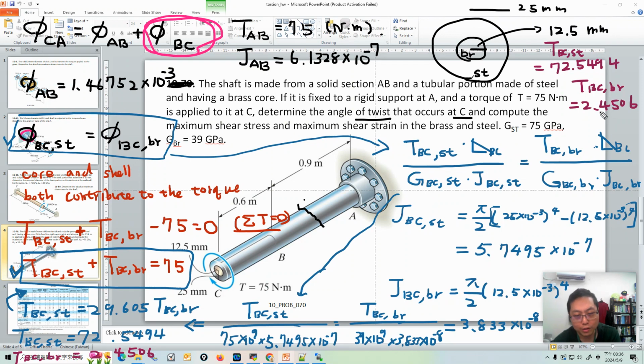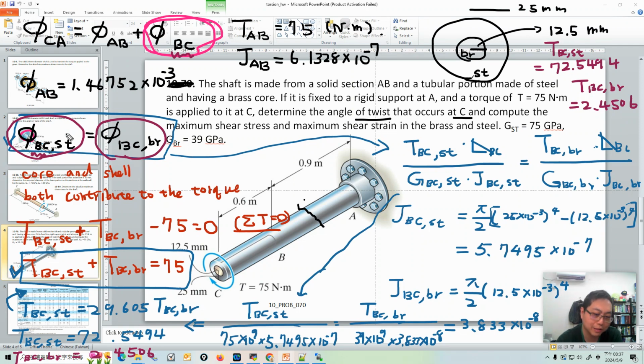So what's the purpose? Don't forget, we need to know the φ_BC. From this equation, we can use this to calculate φ_BC, and we can also use this to calculate φ_BC, because the value will be the same.